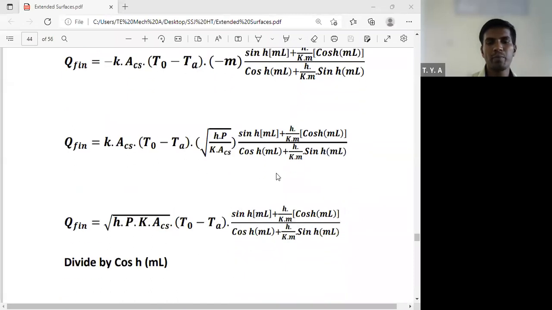Okay, so by simplification we get the equation as Q fin is equal to square root of h into p into k into cross section area into bracket T0 minus Ta into that term.